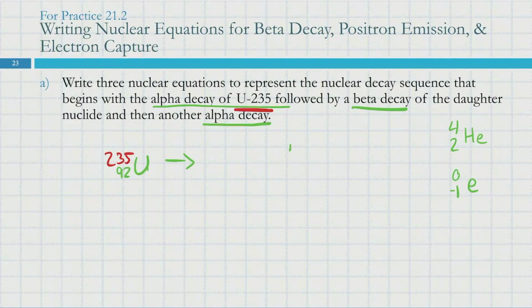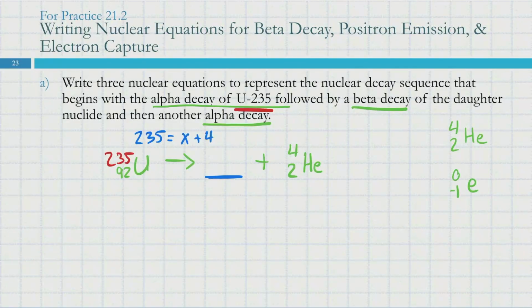So we can write in, on our product side, our alpha particle. And then we need to figure out what our daughter nuclide is. We need to figure this out before we start the next part because we're going to use this daughter nuclide in the next nuclear equation. We could write out a little equation for ourselves if we want to. 235 equals x plus 4.